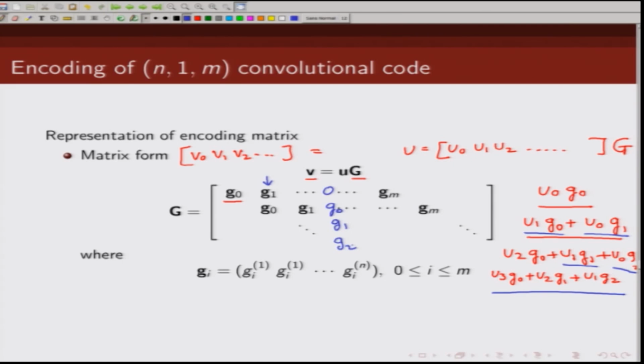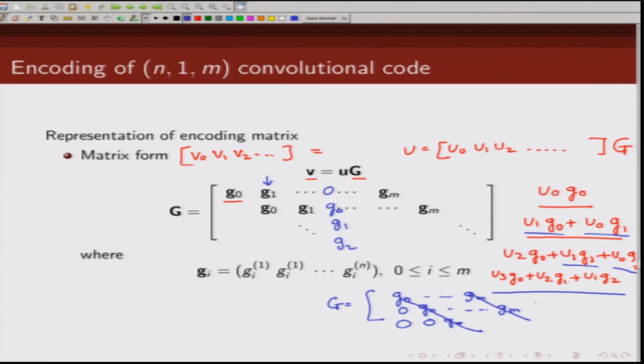So you can see our generator matrix is of semi-infinite form, where G is something like this. We have G0 to Gm, then this becomes 0, then this is a new G0 up to Gm, and then 0 0, and G0. So, diagonally my generator sequence is moving, and that is what I have written here.